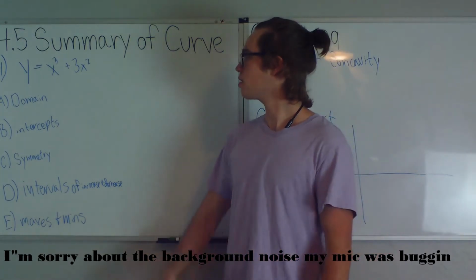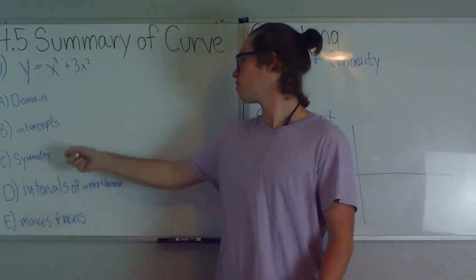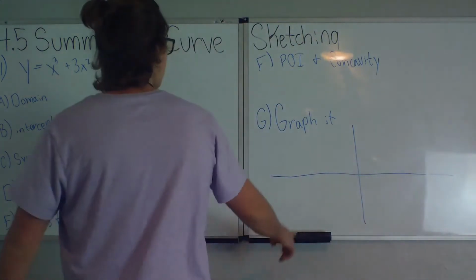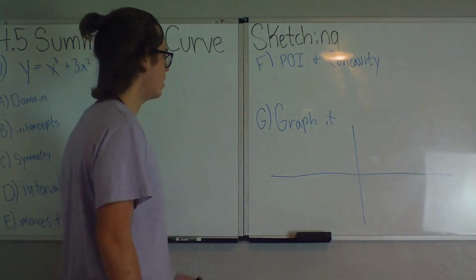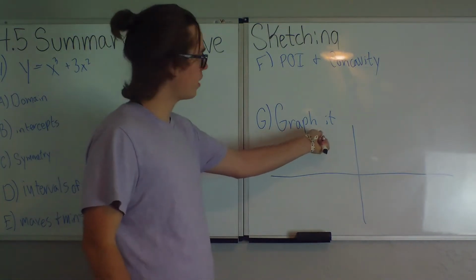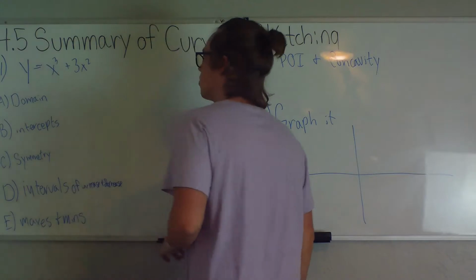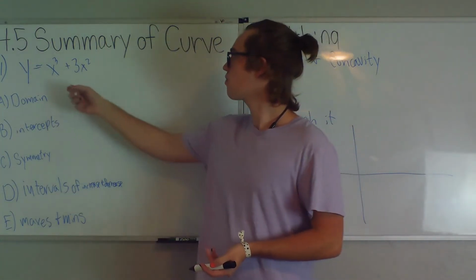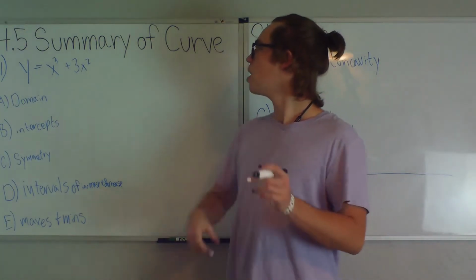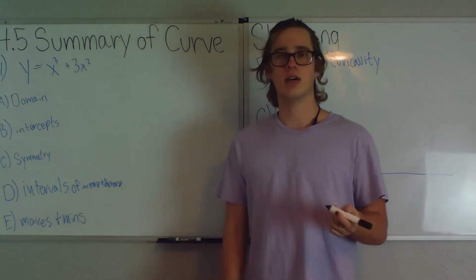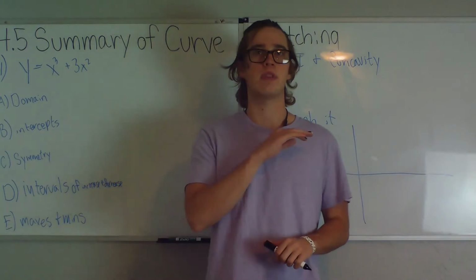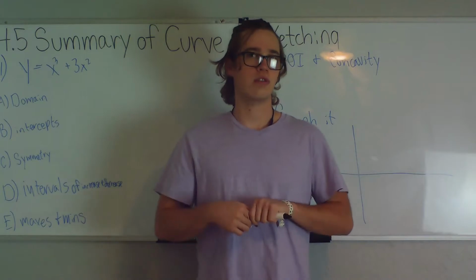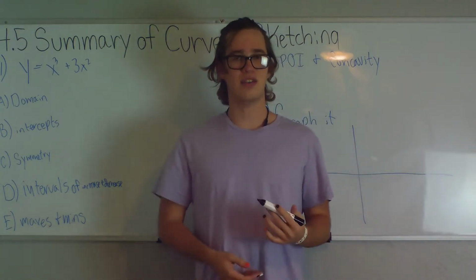So, let's go through our checklist: domain, intercepts, symmetry, intervals of increase and decrease, maxes and mins, points of inflection and concavity, and then G for graphing it all. So, what do we need here? Domain, first. We need to know what input values work for y equals x cubed plus 3x squared. That's very easy because there's no denominator, so there are no problems running into anything undefined.